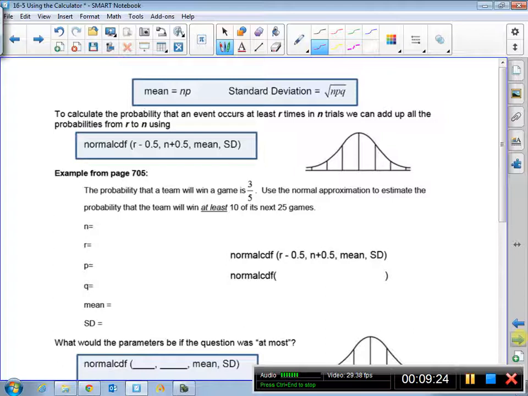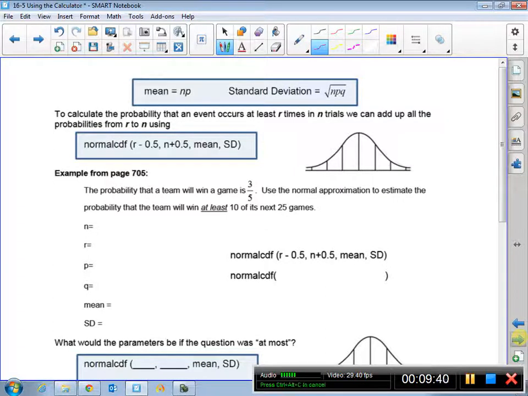But what if we want, you know what, turn to your examples. I thought you had one. Yep, you do have one.